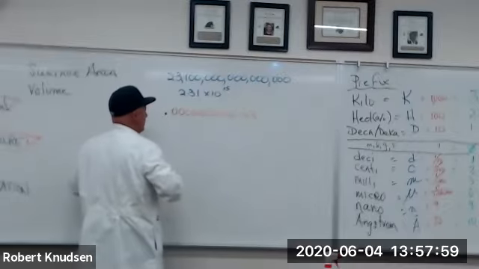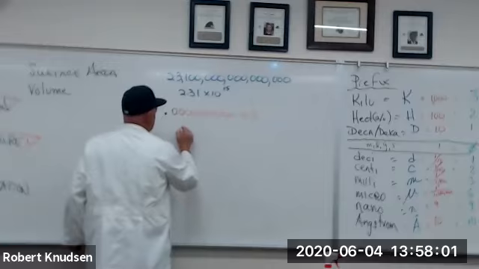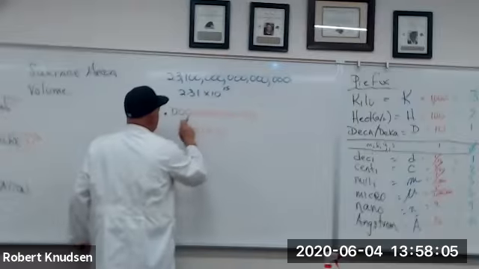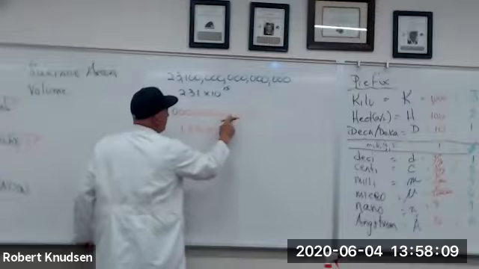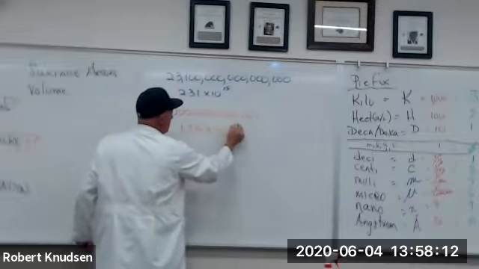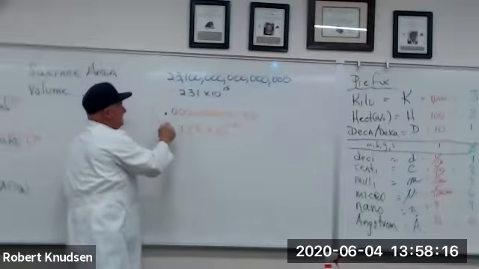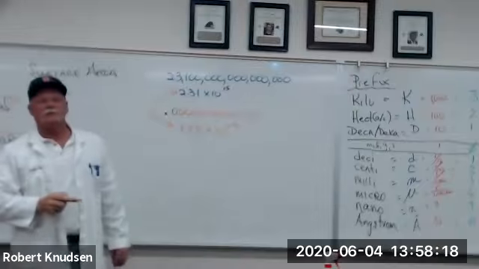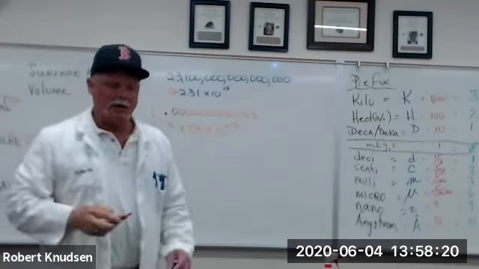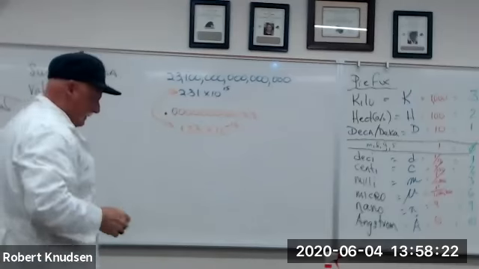Let's take this one and put it into scientific notation. 1.23 times 10. How many times do I move it? 1, 2, 3, 4, 5, 6, 7, 8, 9, 10. Minus 10. Okay? So what I'm really going to do is multiply these two numbers together because they're easy to manage because they're in scientific notation.